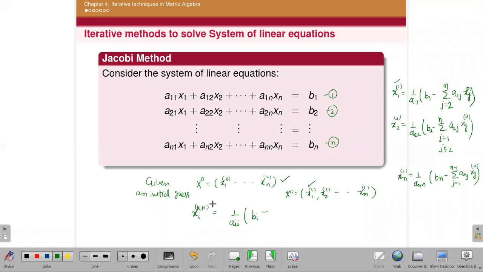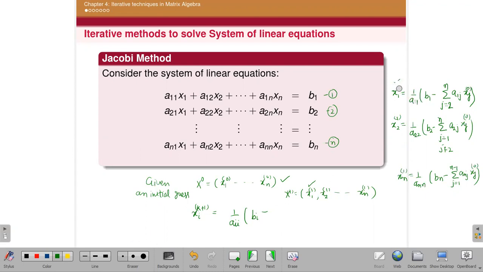Then, to find the second iteration, you replace the upper suffix 1 with 2, and in the right hand side the upper suffix 0 will be replaced with 1, meaning the new iteration is given in terms of the old one. In general, the (k+1)th iteration is in terms of the kth iteration. This is the simple Jacobi method.